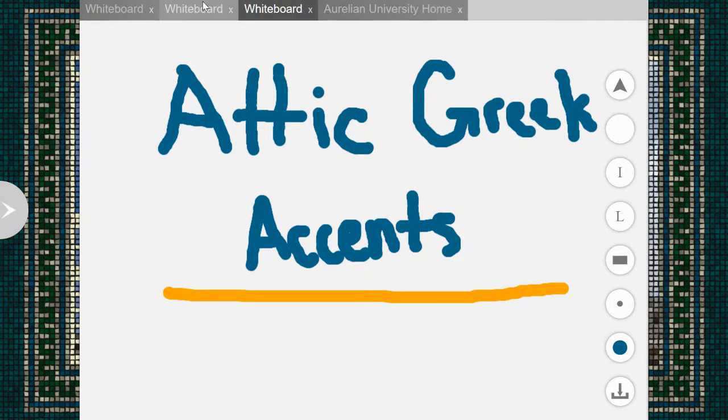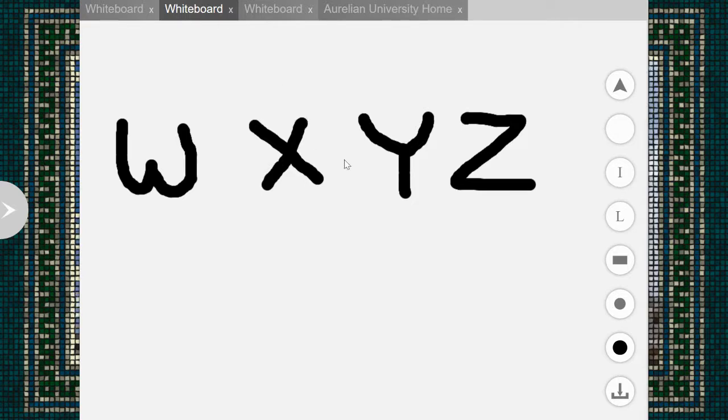So moving on here, there are actually three types of accents in Attic Greek. We've got first, that's the one that goes up like this. So imagine you have an alpha here and it just goes up. It's an acute accent. You have an alpha here, it goes down. That's a grave accent.